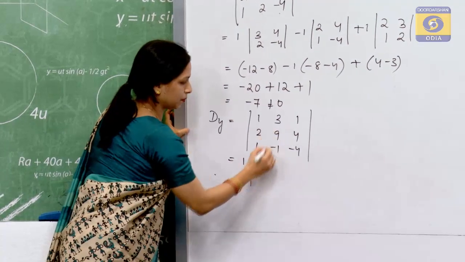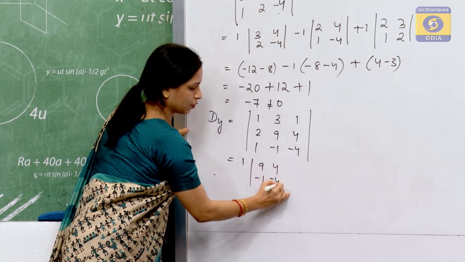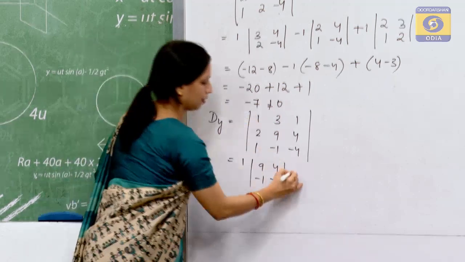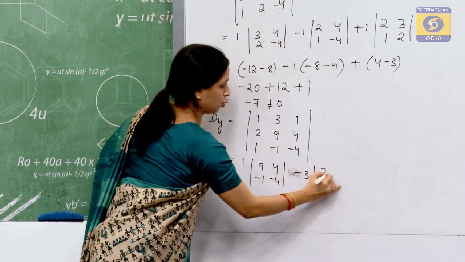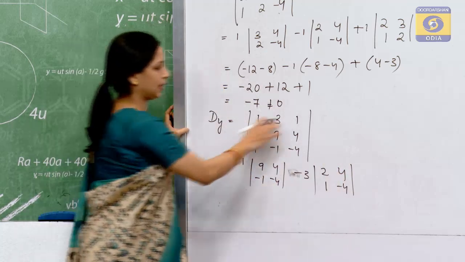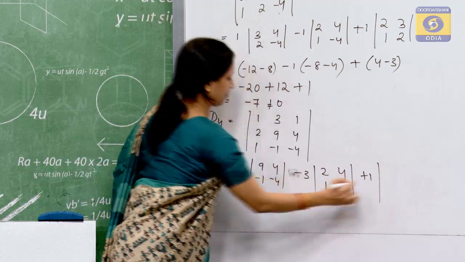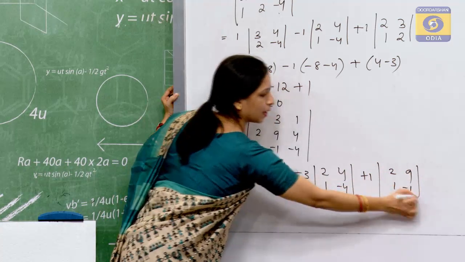So, 1 into 9, 4, minus 1, minus 4, again minus 3 into 2, 4, 1, minus 4. Then next plus 1 into 2, 9, 1 and minus 1.